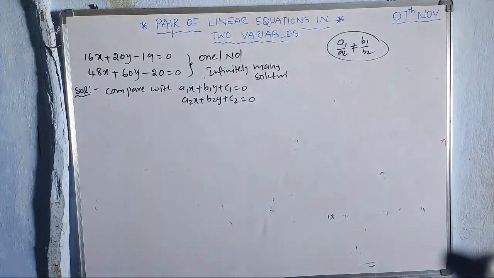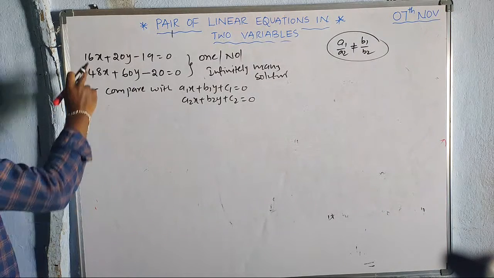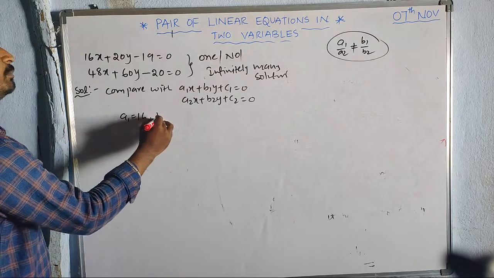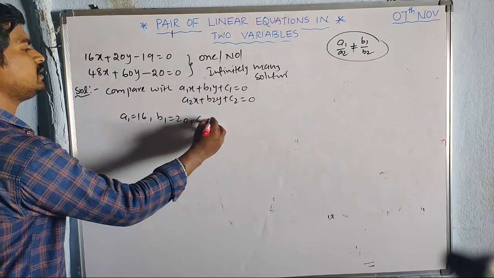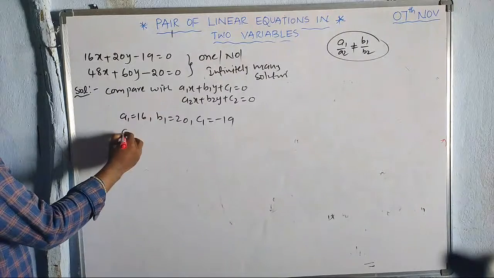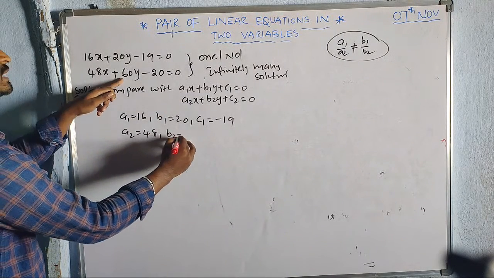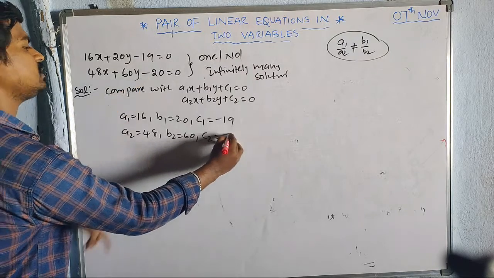So friends, first we observe the numbers. First equation a1 b1 c1: here a1 is 16, b1 is 20, c1 is minus 19, and a2 is 48, b2 is 60, c2 is minus 20.